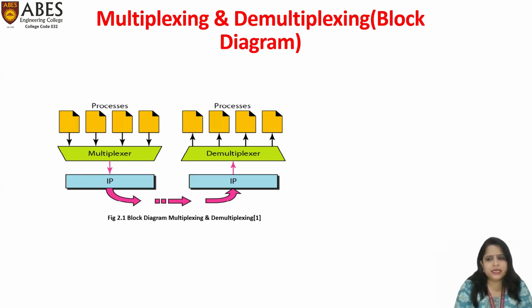To understand this concept clearly, let us take an example. Suppose this is a client side machine, machine A, and this is a receiving side machine, B. To understand multiplexing and demultiplexing, suppose client machine A wants to send some messages to the receiving machine B using different kinds of applications.